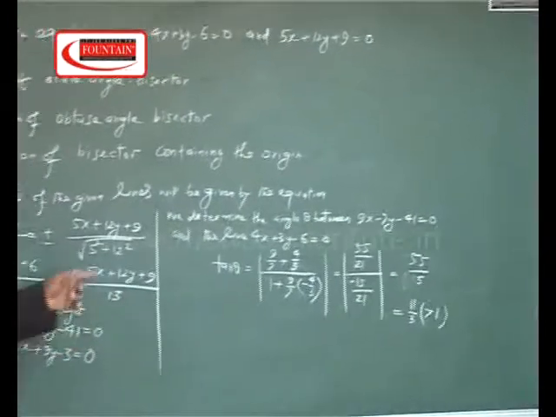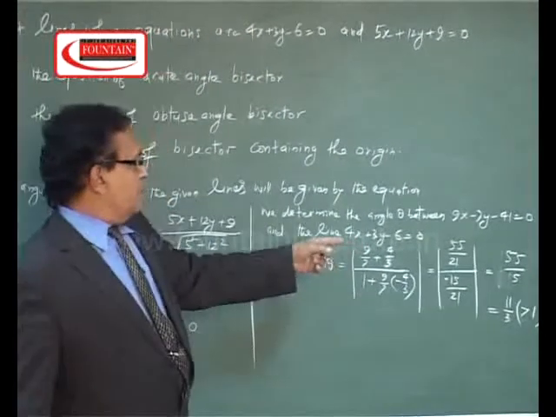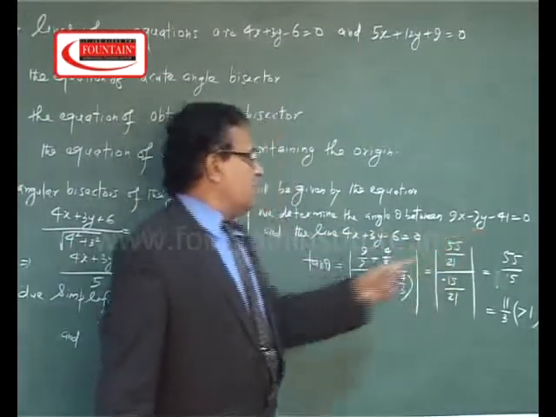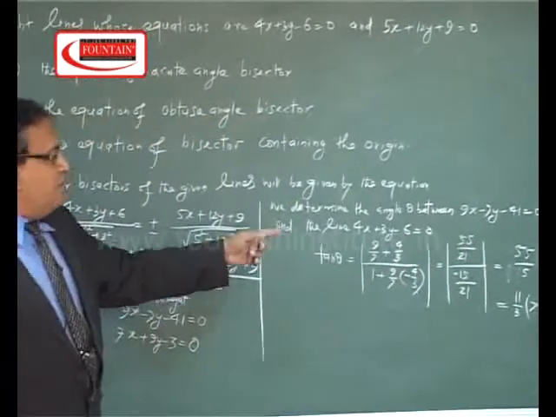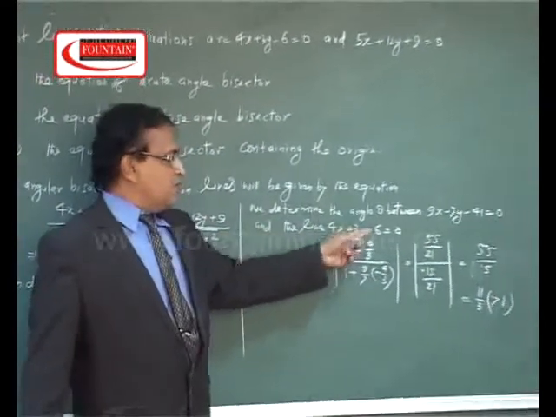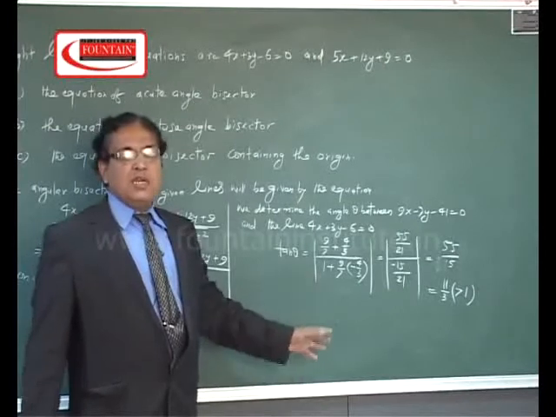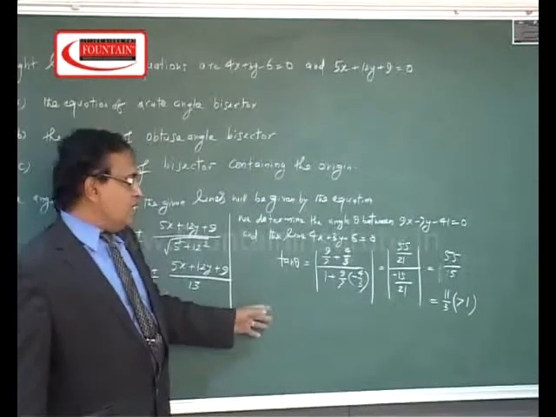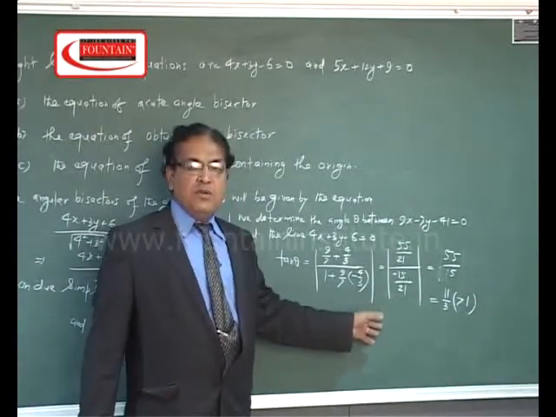So the angle between the bisector 9x minus 7y minus 41 is equal to 0 and the line 4x plus 3y minus 6 is equal to 0 is definitely not an acute angle, because the angle is greater than 45.